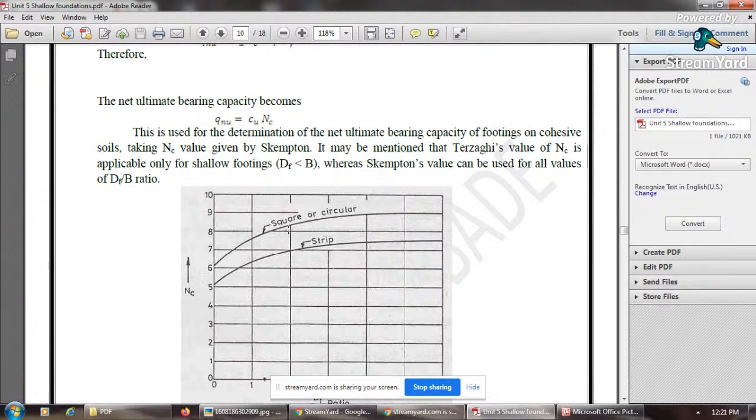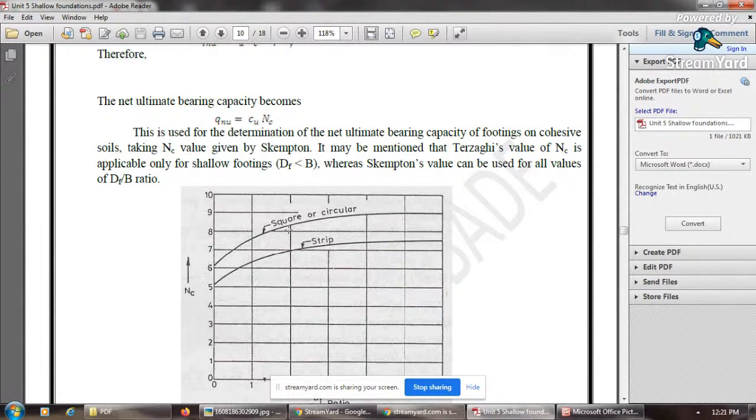It may be mentioned that Terzaghi's value of Nc is applicable only for shallow footings, Df less than B. Skempton's value can be used for all values of Df upon B ratio. So look at the figure, this graph.